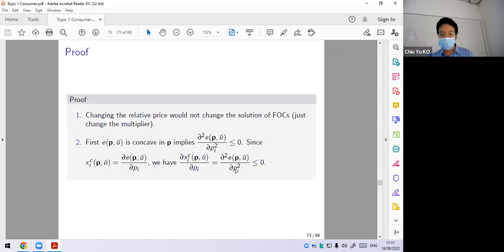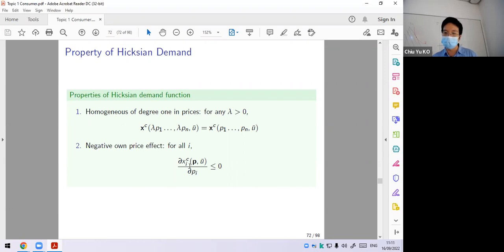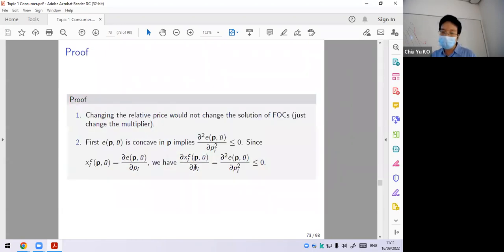But I guess we don't want to spend time on this proof. But you will see how we derive it. You will understand it when we talk about the expenditure function. So we just skip the proof for the moment. We only need to show the expenditure function is concave, and because you take a derivative of the expenditure function, it gives you the Hicksian demand, this is a direct consequence of that.